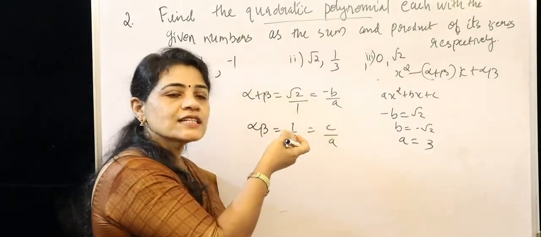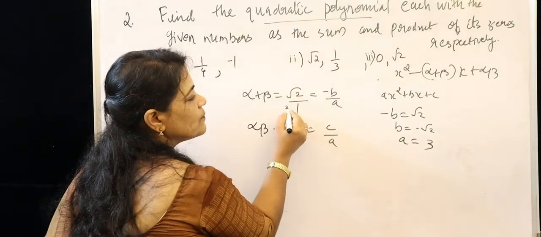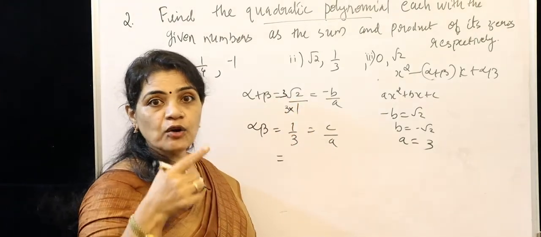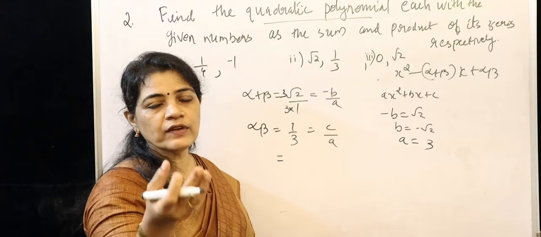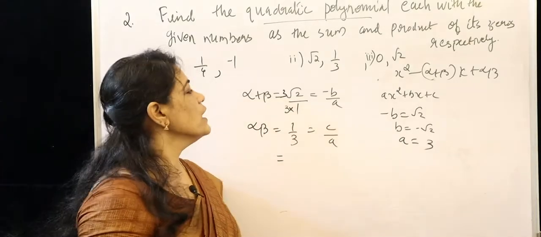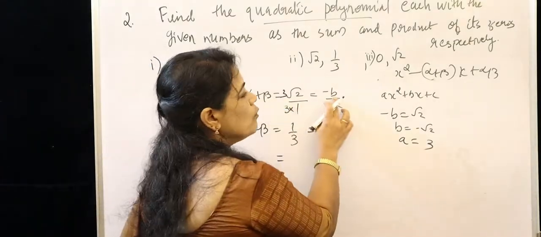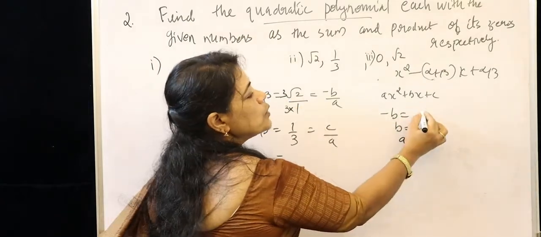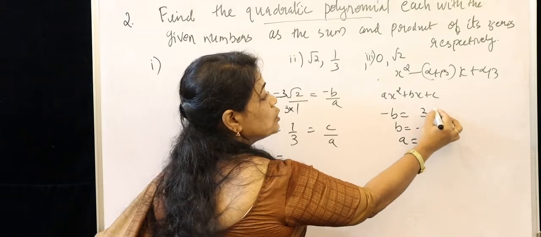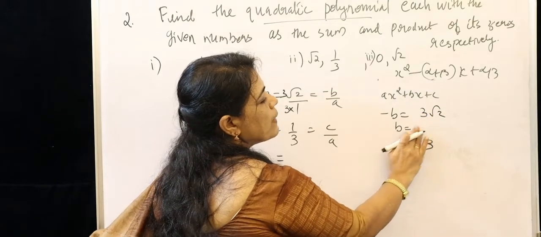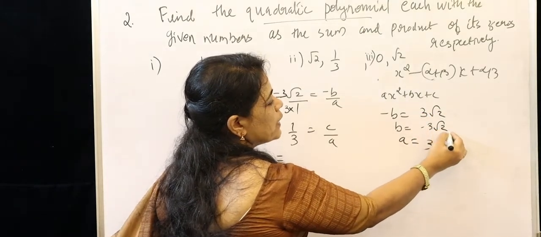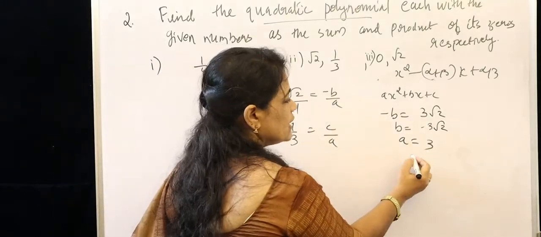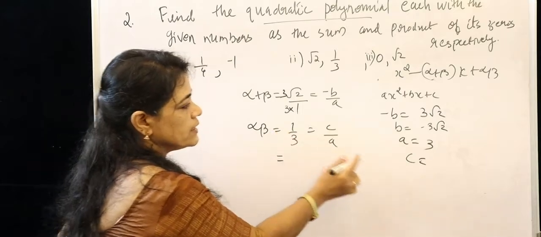So make an equivalent fraction, multiply this by 3 into 1, this also 3. Multiply numerator and denominator with the same number, then only you will get an equivalent fraction. That means minus b is equal to 3 root 2, so b will be minus 3 root 2, and a is equal to 3 and c is equal to the numerator, that is 1.